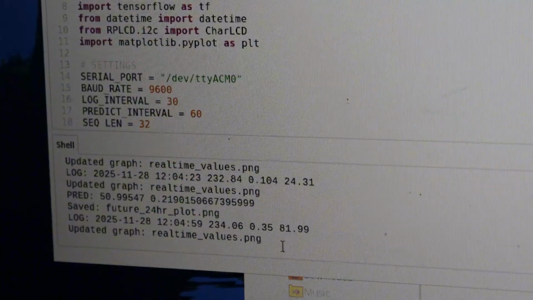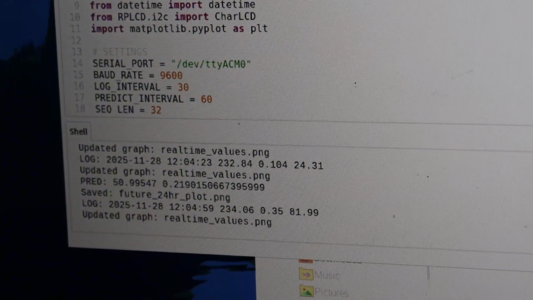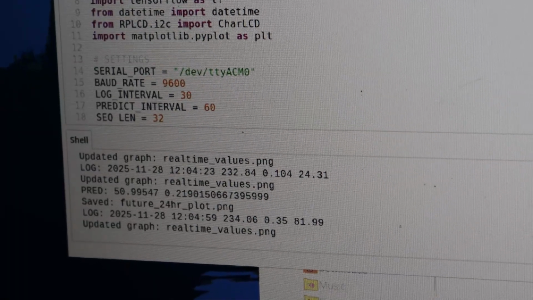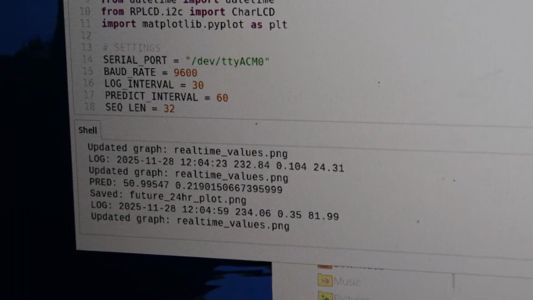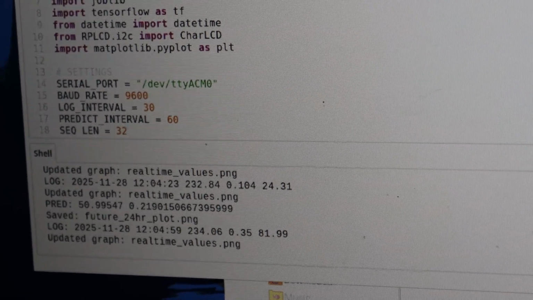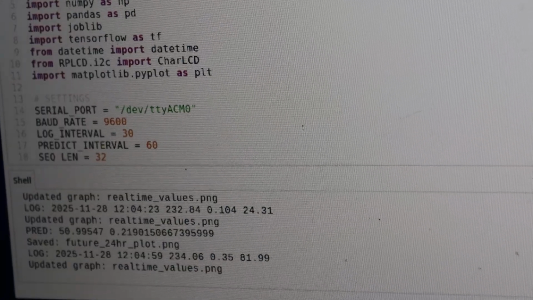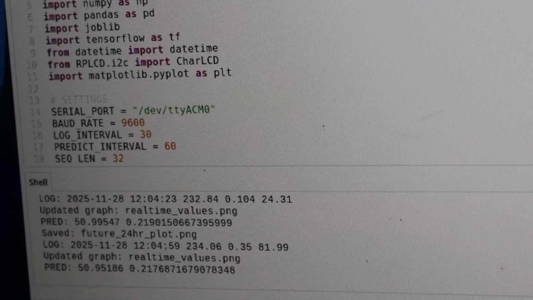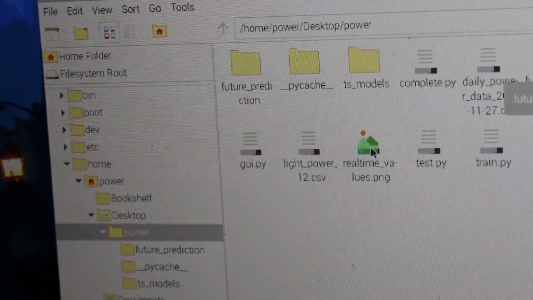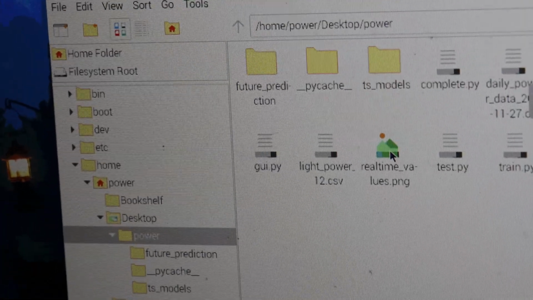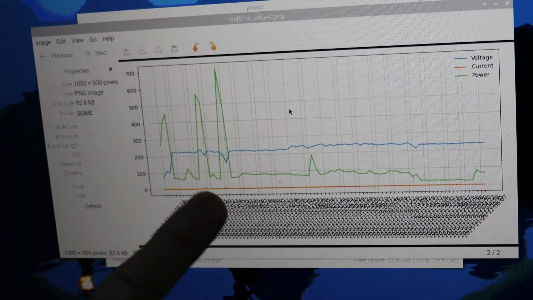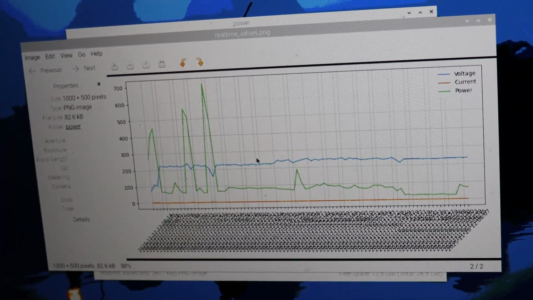Now we will see the future and real-time plot. This is the real-time current consumption plot.